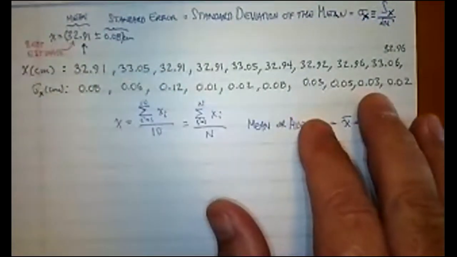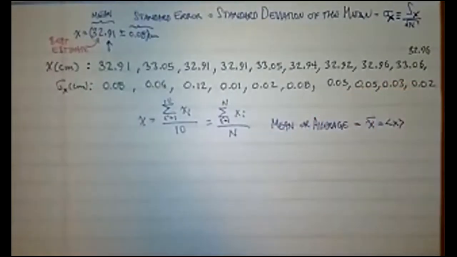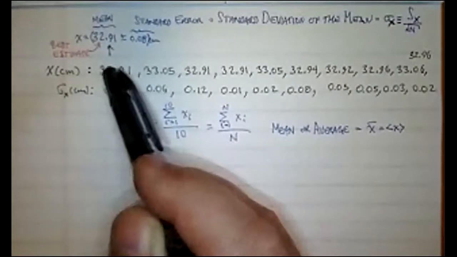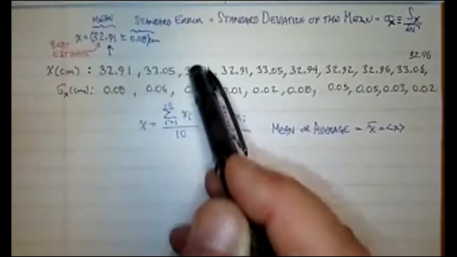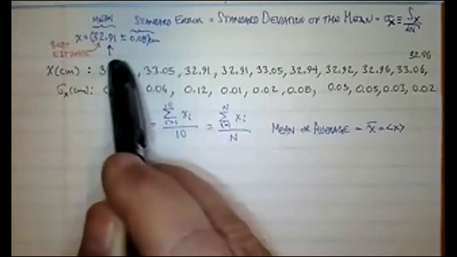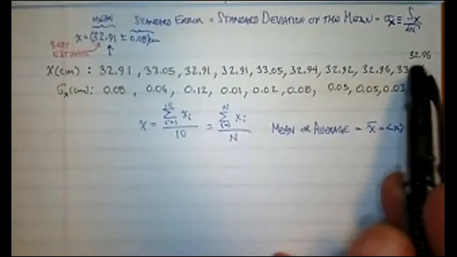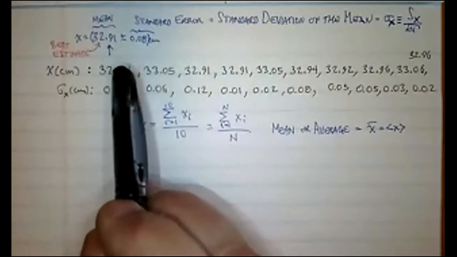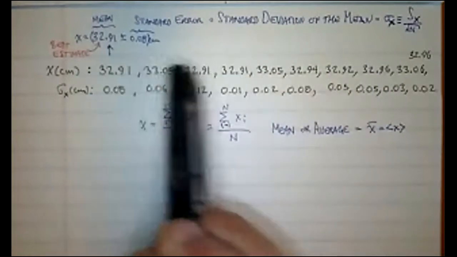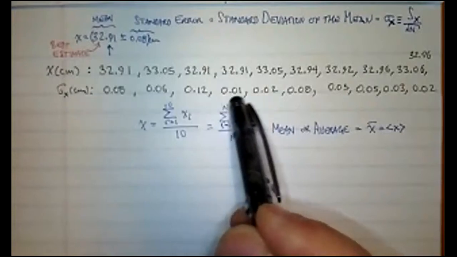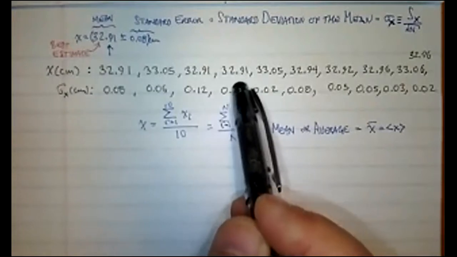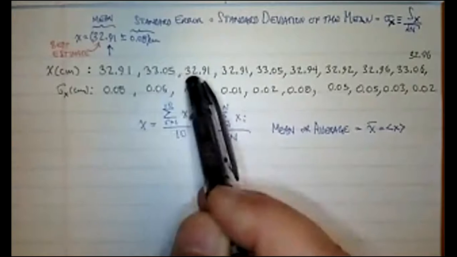Okay, so now that you have all this data on X, what is the best value? Well, the best value is always essentially the mean, but when you have data like this, which gives you an X value and its error, the best value isn't taking and adding up all of these and dividing by 10. The best value is adding up all of these, but taking into account that this one should have more importance than this one, right?